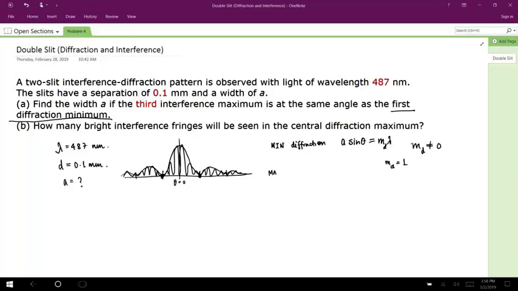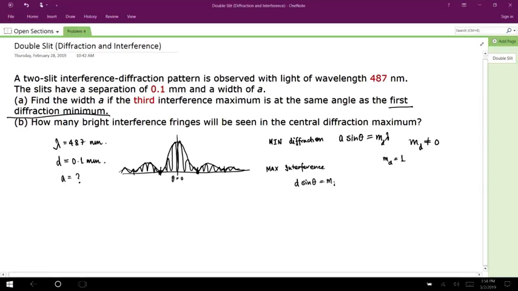The maximum for interference is given by d sine theta is equal to m_i lambda. Here m_i can be 0, 1, 2, and so on, but it's particularly given as the third interference maximum, so that tells me that m_i has to be equal to 3.